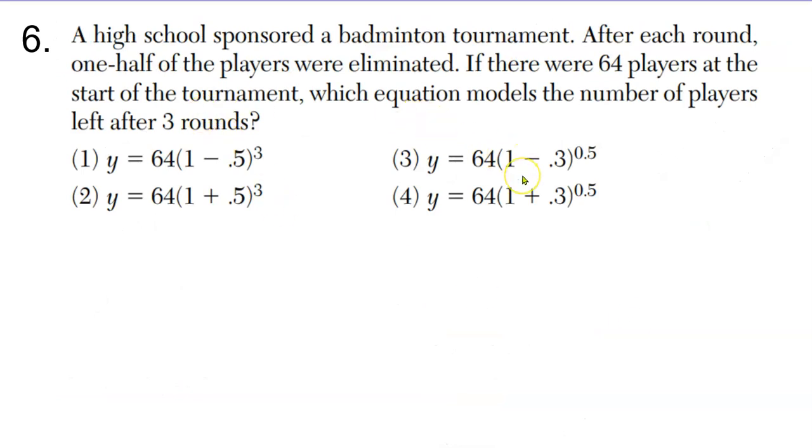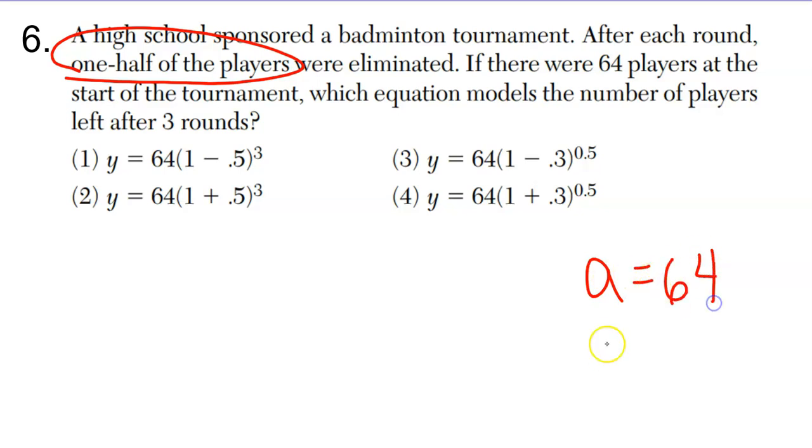A high school sponsored a badminton tournament, and after each round, 1/2 of the players were eliminated. That's decay, right? It's getting less each time. If there were 64 players at the start, that's our initial value, and our rate of decay is 1/2, which is also equal to the decimal 0.5.